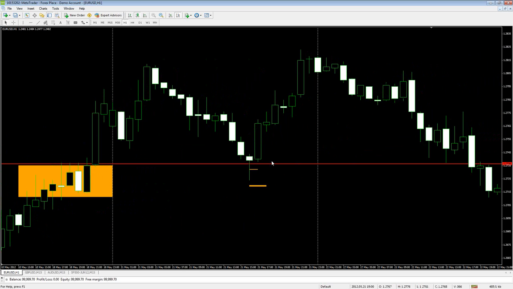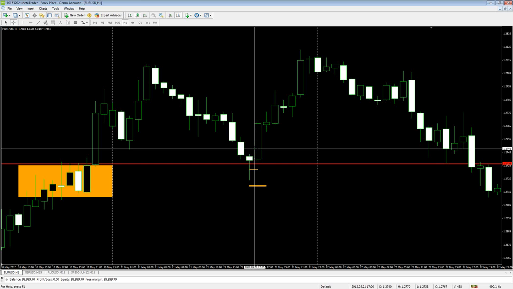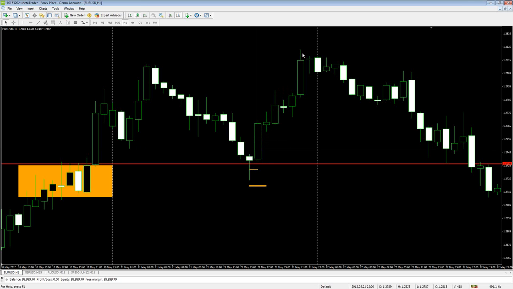So this price may go up a few dozens of pips. So I don't care about losing a few pips and just entering with a buy stop order, and obviously the stop loss again is somewhere below the previous candle.